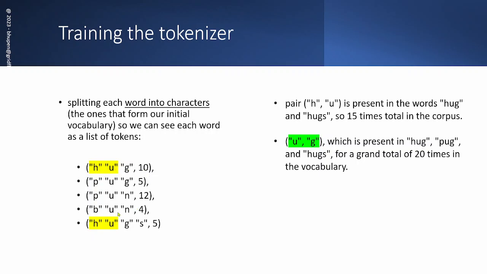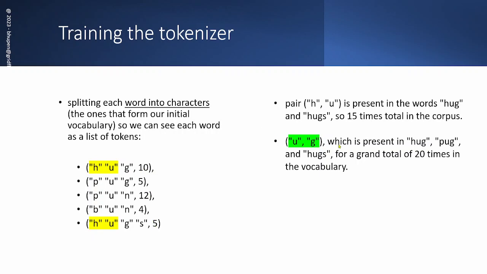Similarly, bun, B-U-N, is split into alphabets. Now we'll find the most frequent pair of alphabets. For example, here H and U is present in HUG, and H and U is present here too. So the total number of times the H and U pair appears in the corpus is 15 times.